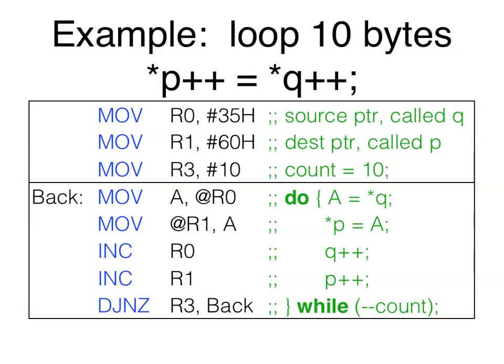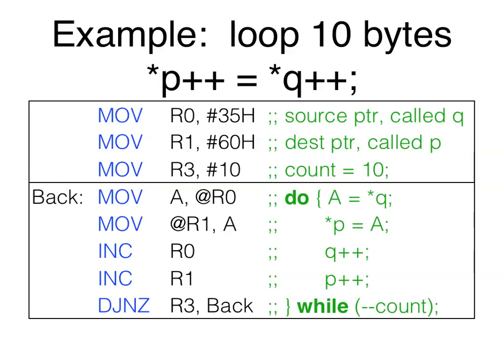So R0 is your P, R1 is your Q, and then you have the counter. And so this illustrates the use of both R0 and R1, right? Because one acts as a source, one acts as a destination. So having R1 and R0, two of them, I think that's actually enough.